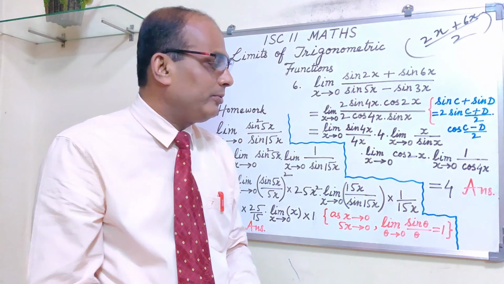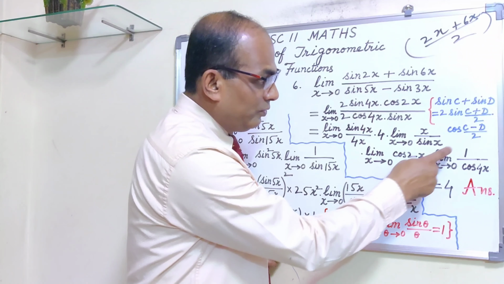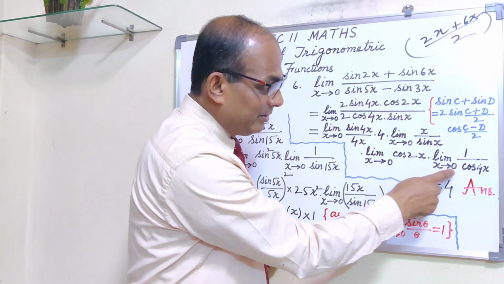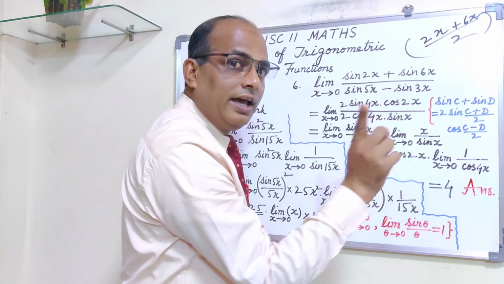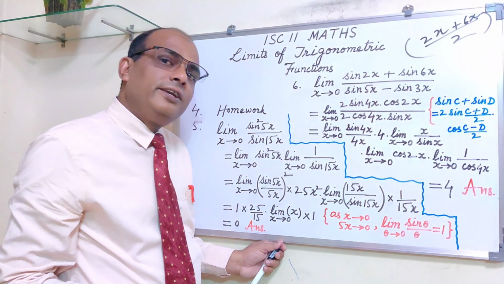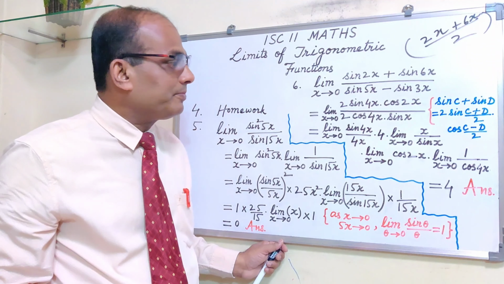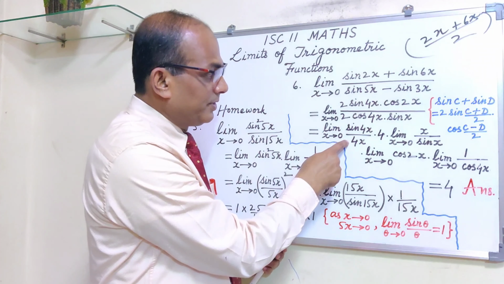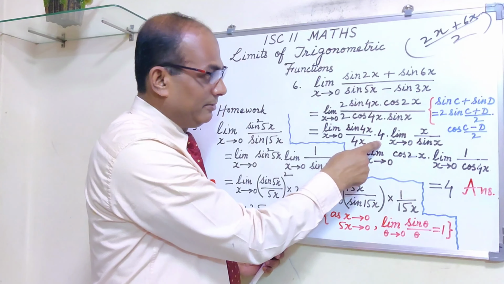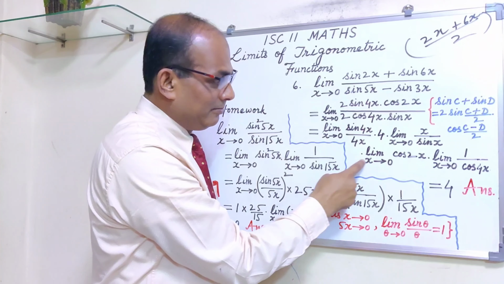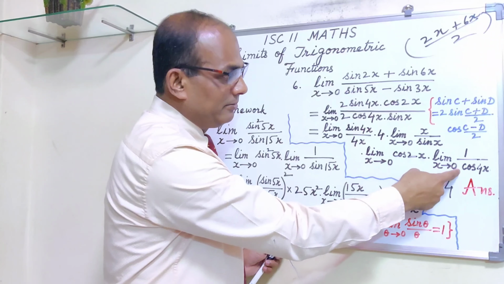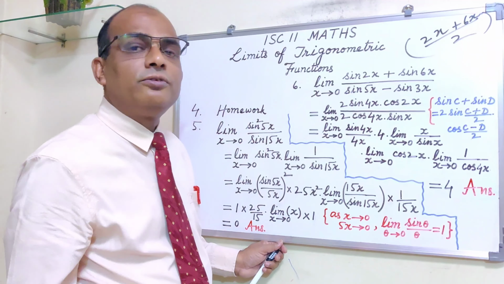You can write one more step, into 1 upon, and this limit can come in the denominator: 1 upon limit x tending to 0 cos 4x. And there is a formula, limit x tending to 0 cos x is equal to 1. So this is 1 multiplied by 4 multiplied by 1 multiplied by 1 and multiplied by 1. So finally you are getting 4.